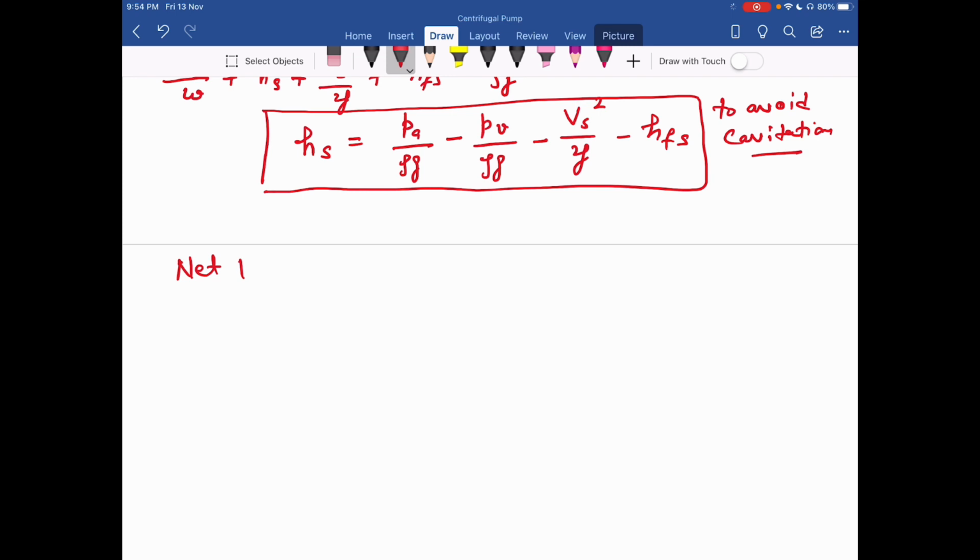Net positive suction head, that is NPSH.